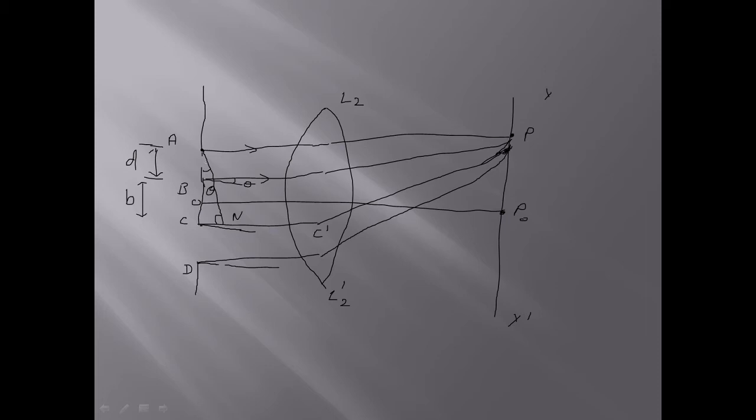By that concept, the resultant amplitude for the individual slit is equal to R, a naught sine alpha divided by alpha, where alpha is equal to pi d sine theta divided by lambda.